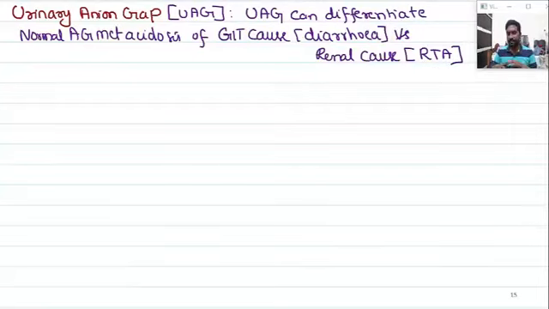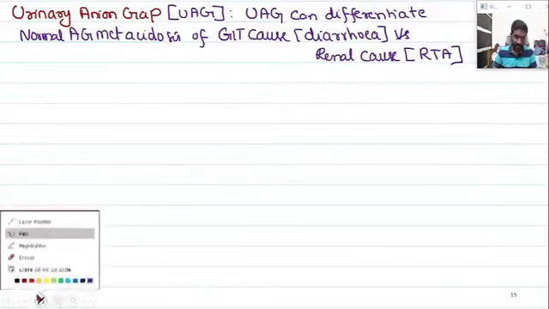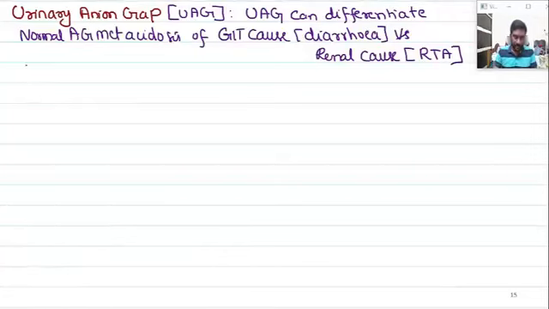So generally, urinary anion gap can differentiate normal anion gap metabolic acidosis of GIT cause such as diarrhea versus renal cause, that is renal tubular acidosis. It is not routinely used in our clinical practice as of now in the emergency situation, but still questions were asked previously.